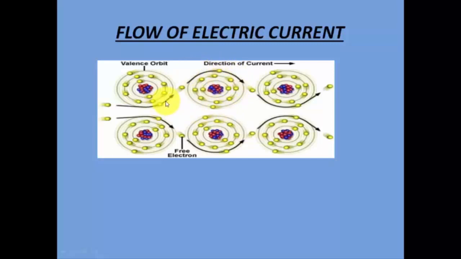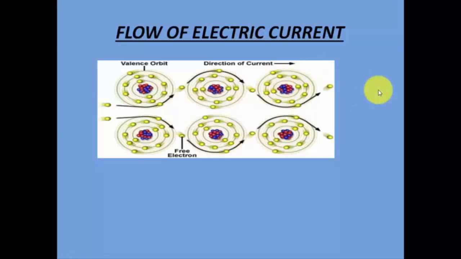This electron gets detached from this particular atom and is transferred onto the next atom. The second atom is here, so this electron comes here, bounces again and moves to the third. Likewise these electrons keep jumping from one atom onto another, then onto the third atom, and like so they travel. Now why is that so?